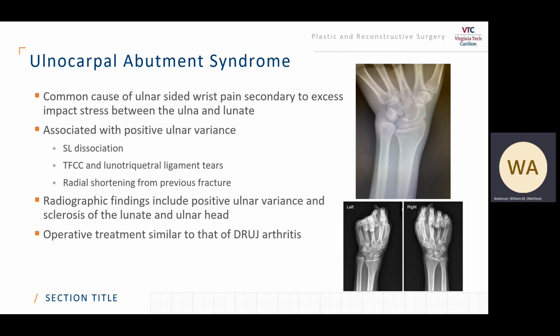Radiographic findings include, of course, positive ulnar variants, and then the resultant sclerosis of the lunate and the ulnar head. Operative treatment of ulnocarpal abutment syndrome is generally similar to that of DRUJ arthritis.